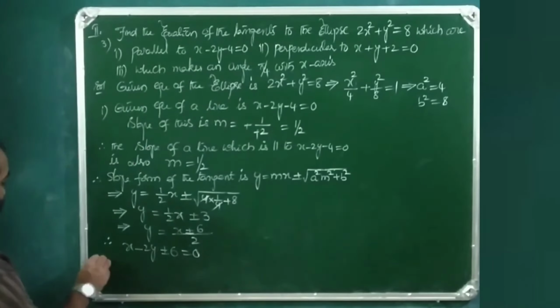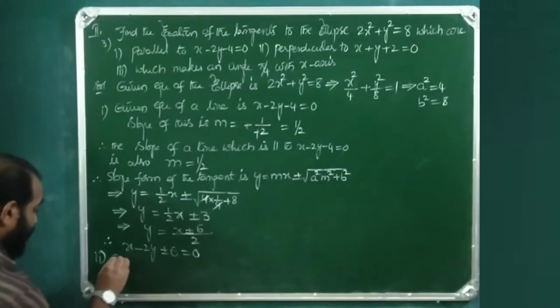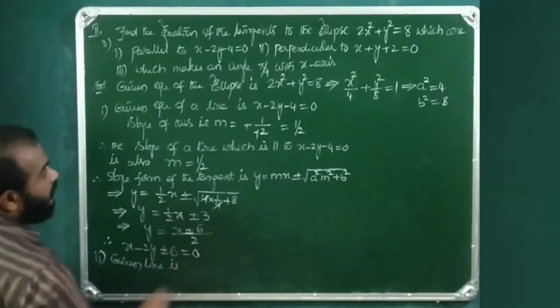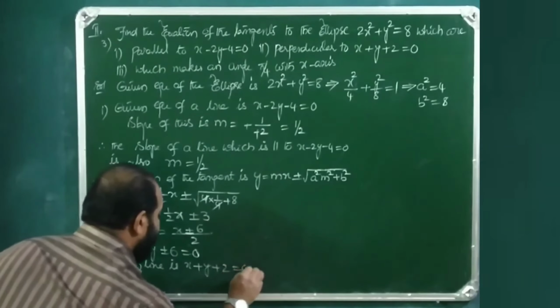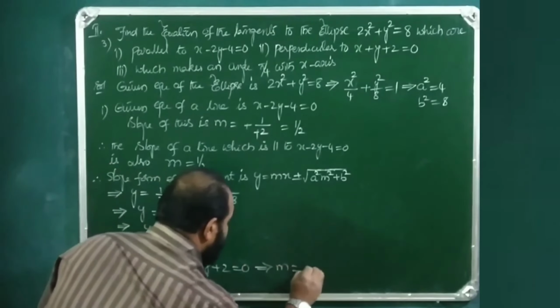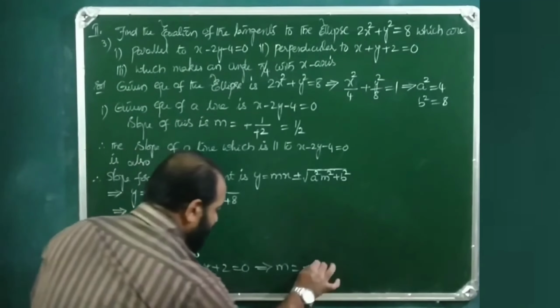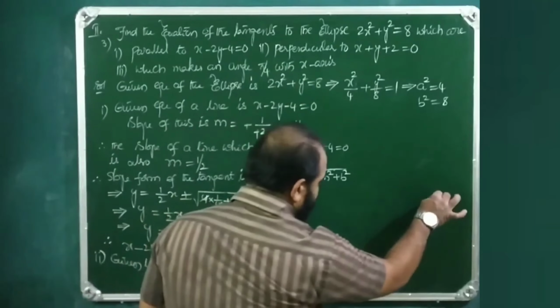And the second one is, the given line is x plus y plus 2 equals 0. Its slope m equals how much? Minus a by b, minus 1 by 1, so minus 1. But here we need the tangent perpendicular to the given line.